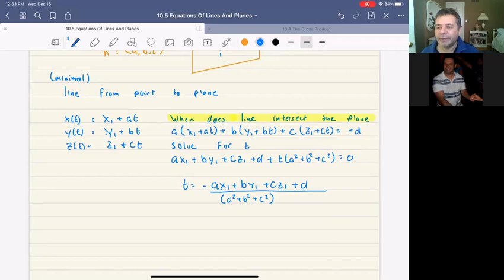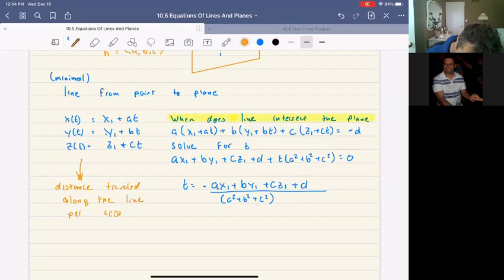Okay, now we're going to go ahead and find the distance. Remember, the distance traveled along the line per second is the square root of a squared plus b squared plus c squared.